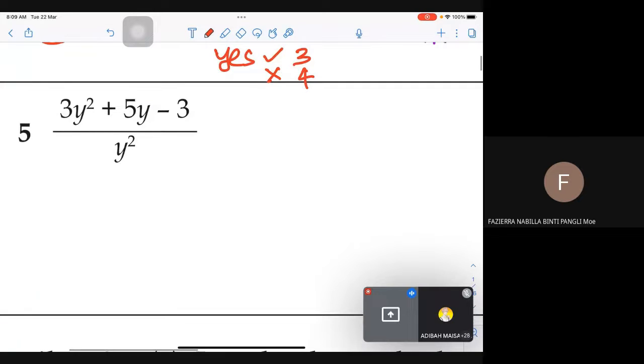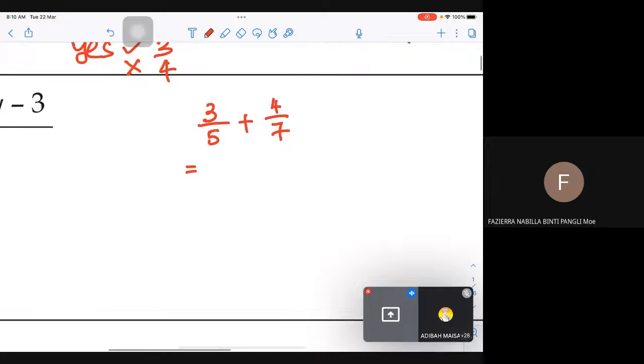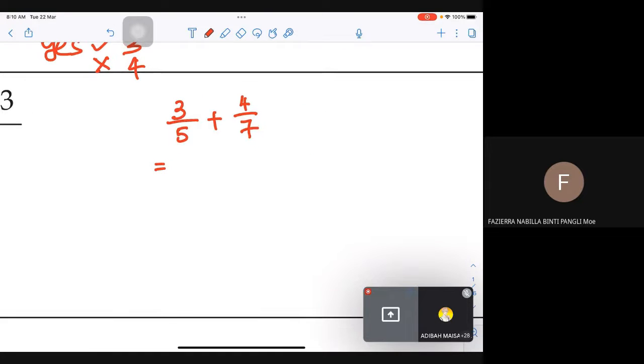Before I explain question number 5, I want to ask you a question. If 3/5 plus 4/7, how are we going to solve this kind of question? Is it this one times 7, times 7 times 5, times 5?